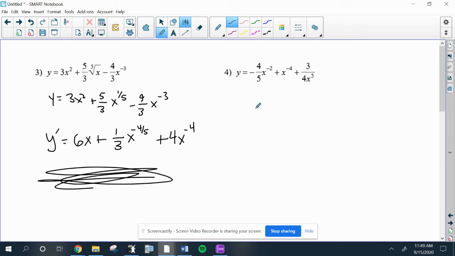Last one. Rewrite it so that the last term has the x up top and you have this scalar multiple out front. Now we're ready to go. Multiply, the -2 and the -4 are going to cancel.